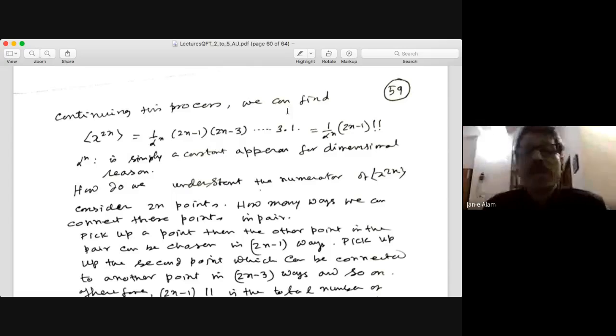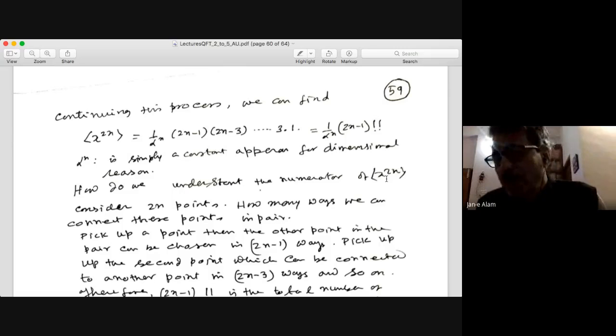So this particular integration is telling me that if I have 2n points, how many ways I can connect those points in pairs. And you remember what I have done in the propagator: I have calculated the 2-point correlation functions, right?